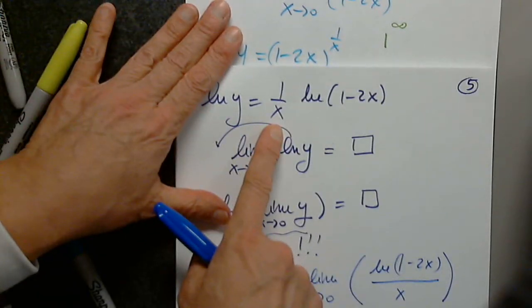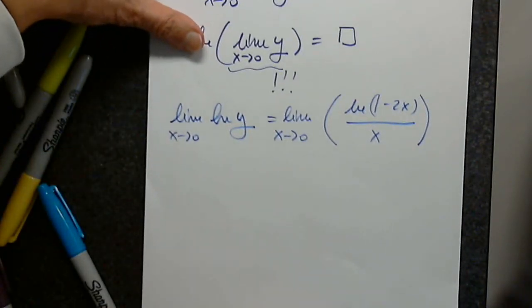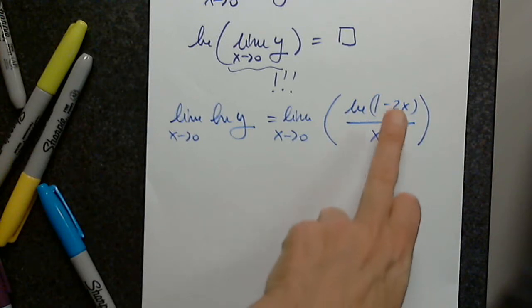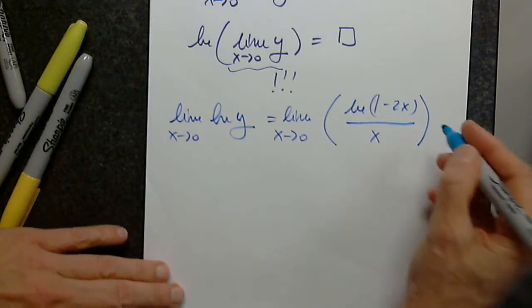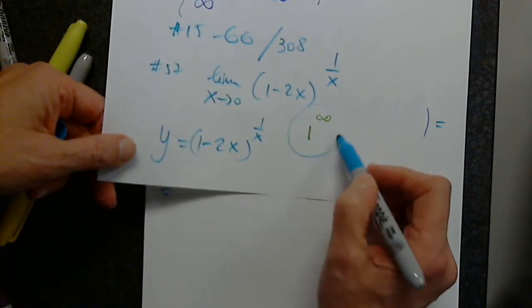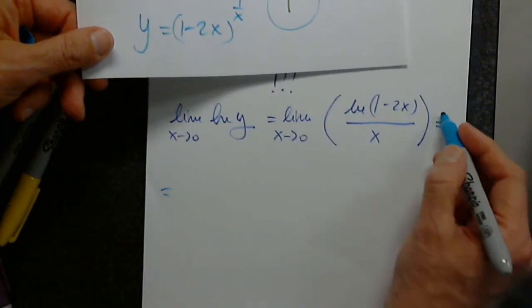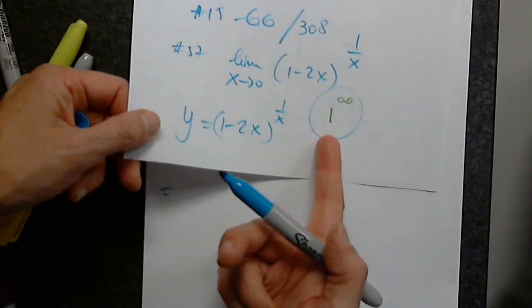Natural log y is 1 over x times natural log of 1 minus 2x. Good. So now I have to see what this means. When I plug in 0 at the top, I get 0. When I plug in 0 at the bottom, I get 0, and I'm very happy with the result. I wasn't happy at all with the earlier form. Why am I not happy with that, but I'm happy with this? L'Hopital's, because I can use L'Hopital's rule here, and there I cannot.